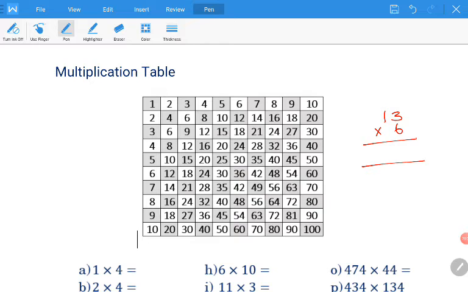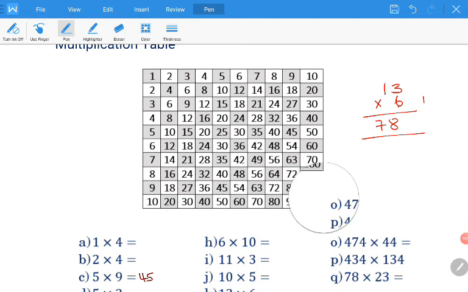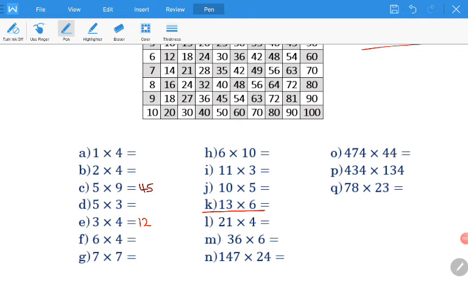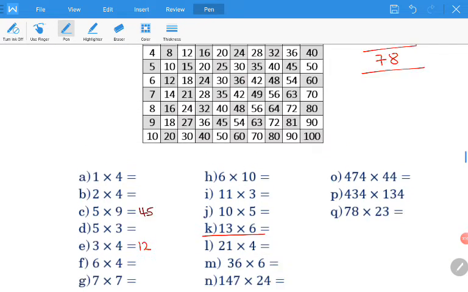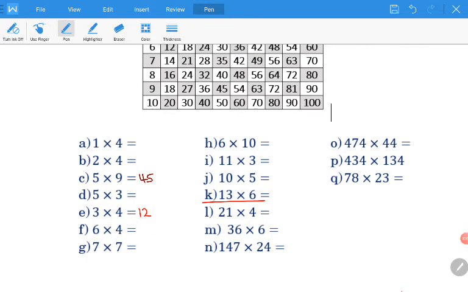The answer here, we will say 6 times 3, we get 18. So it's 8, carry 1. Then 6 times 1, that's 6, plus 1 gives us 7. So 13 times 6 is actually 78.